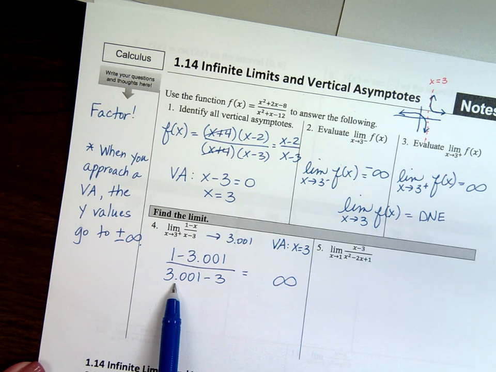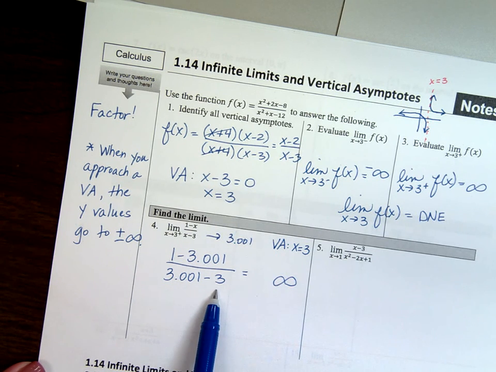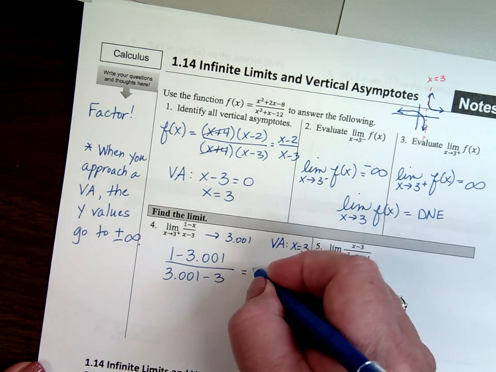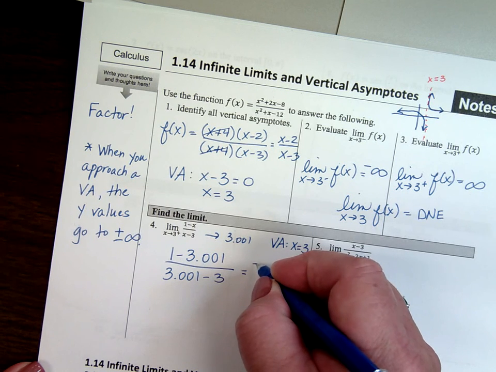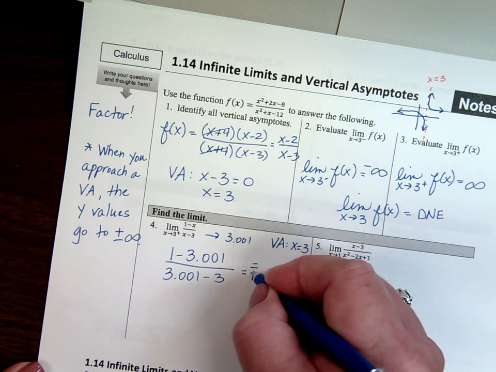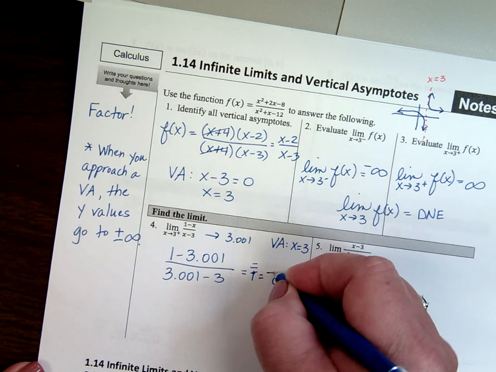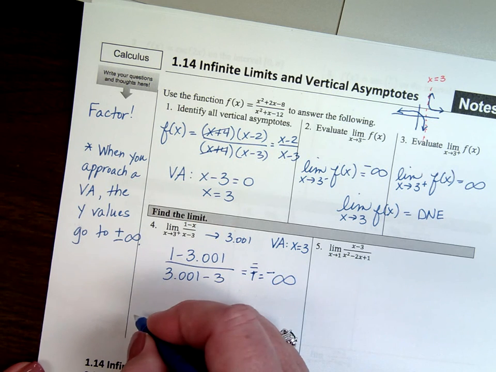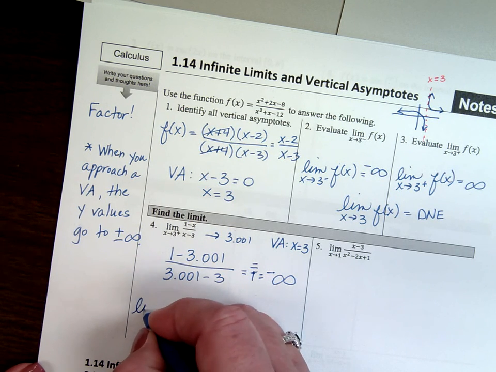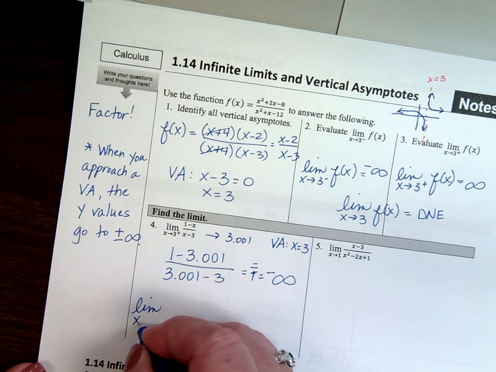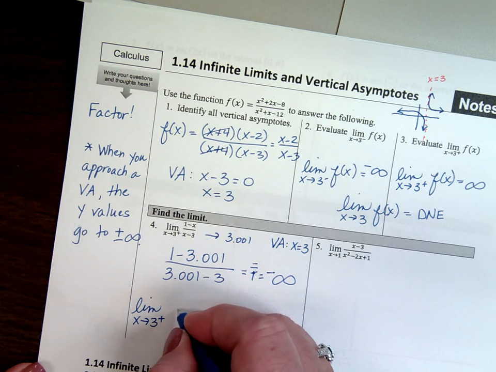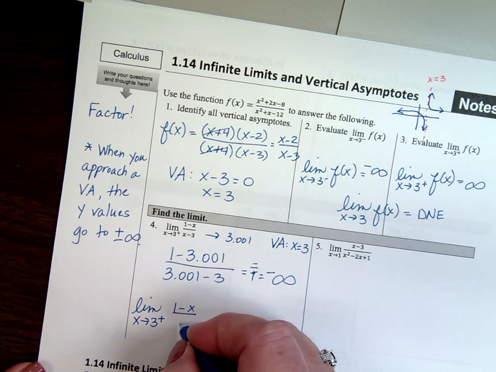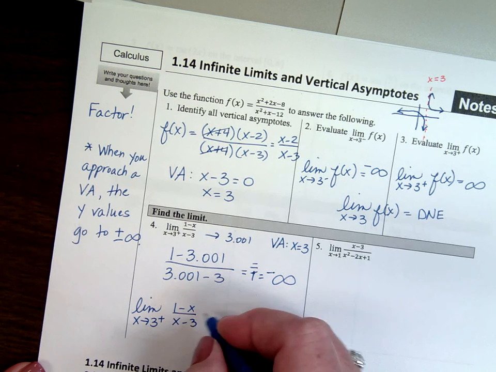So I get a negative over a positive, which means I have negative infinity, and that's my answer. If I want to be really mathematical here, the limit as x approaches 3 from the right of 1 minus x over x minus 3 is negative infinity.